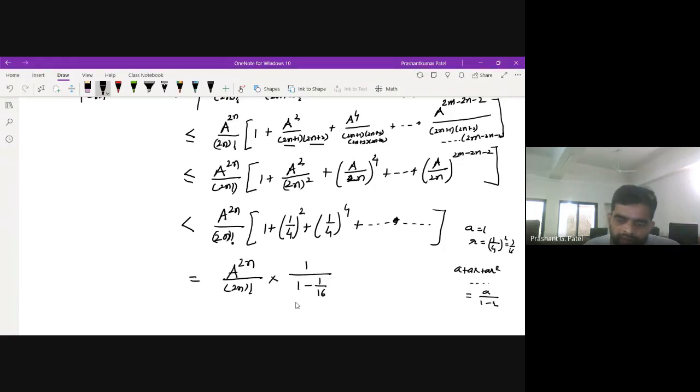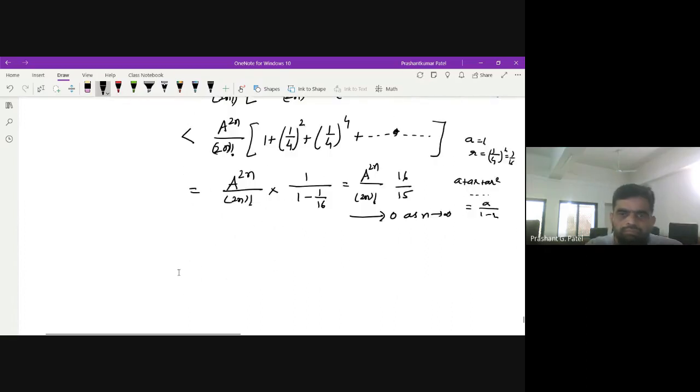So hence this will give you the answer: a power 2n upon 2n factorial will be 16 by 15. And this will tend to 0 as n tends to infinity, as the limit of a power 2n upon 2n factorial as n tends to infinity is 0.